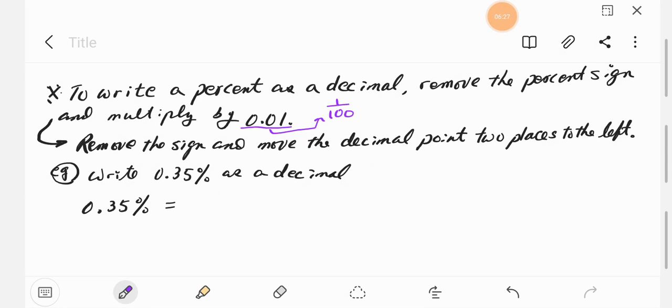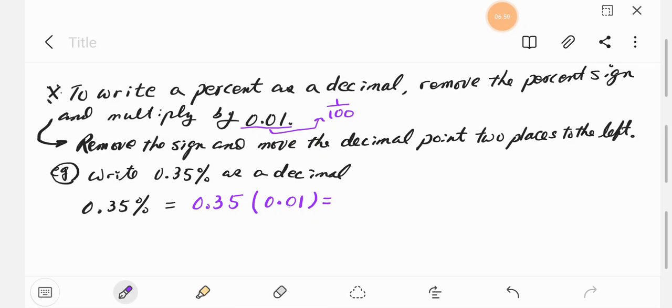Since you are multiplying by 0.01, you are making the number smaller. How much smaller? 2 decimal places to the left. So when you write 3.5%, replace the percent: remove the percent and multiply by 0.01.